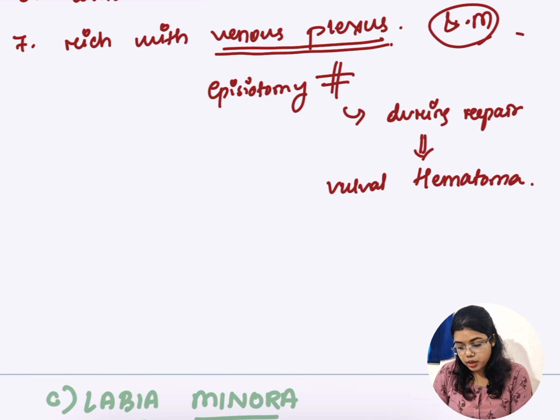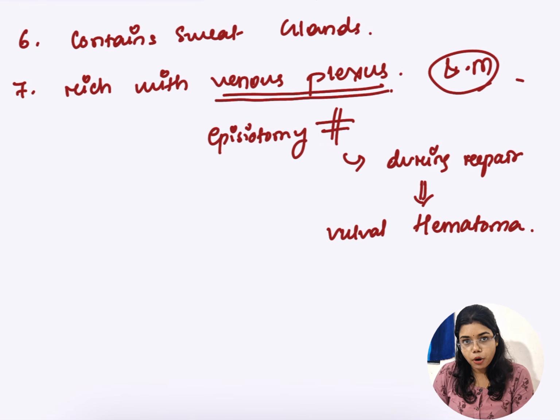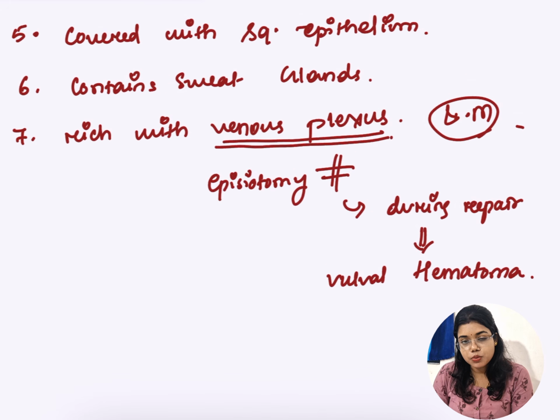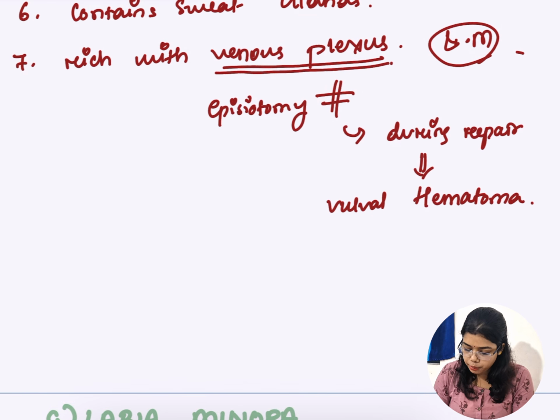This is a very critical condition. We need to manage it properly. We have to open the wound, suture the plexus again, and achieve proper hemostasis, and then we can get rid of the hematoma.